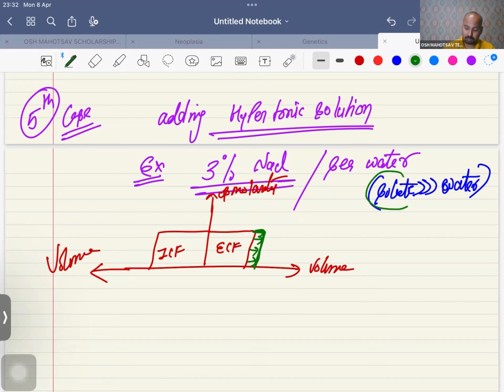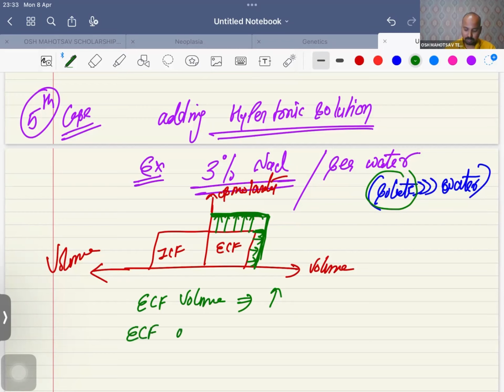But we are adding lots of solute, so concentration, or osmolarity, will increase. So the diagram will be like this. ECF volume definitely increases, because if we are adding any solution, volume will increase.